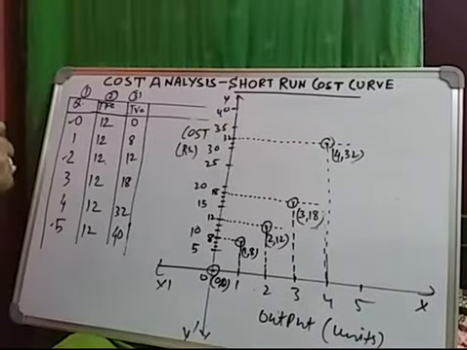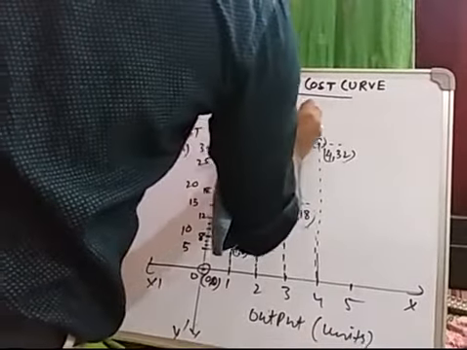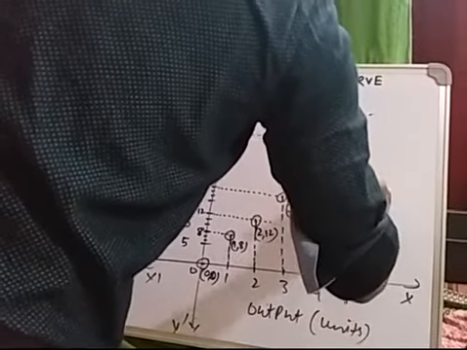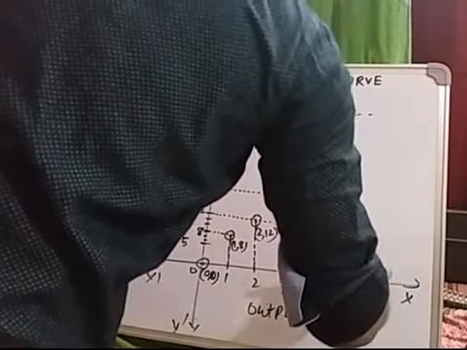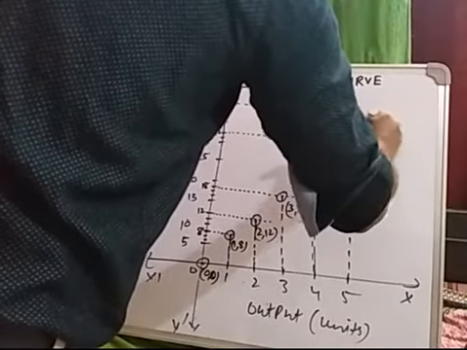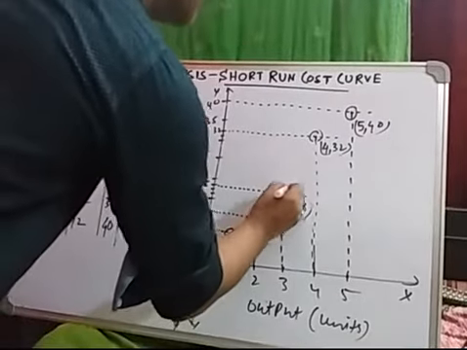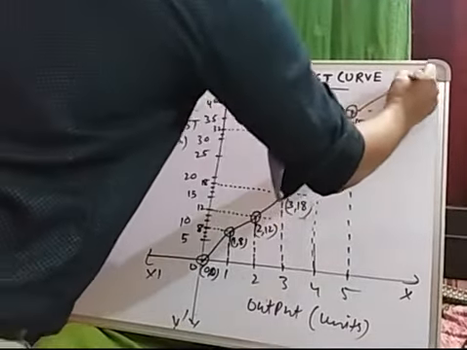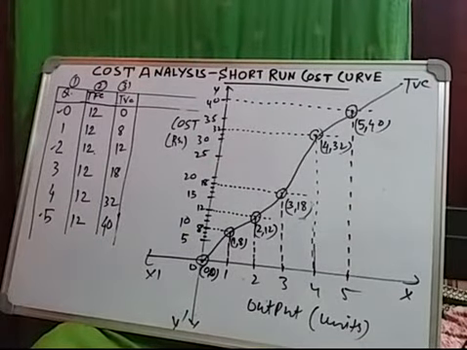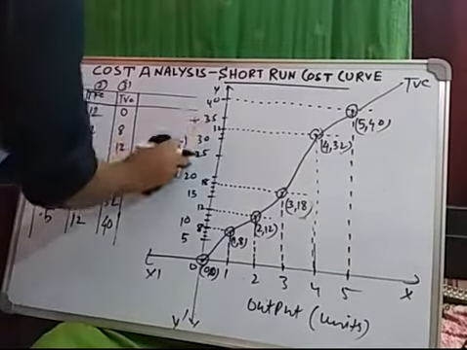Clear? And then 5, 40: if you produce 5 units, you will have to pay 40 rupees. So 5, 40. If you join the points, you automatically get the TVC curve. This is the nature of the TVC curve: it starts from the origin and moves upward.